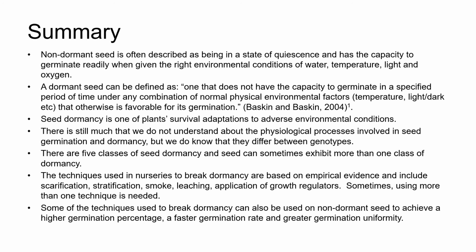The techniques used in nurseries to break dormancy are mostly based on empirical evidence and include scarification, stratification, smoke, leaching, and application of growth regulators. And sometimes using more than one technique is needed. Some of the techniques used to break dormancy can also be used on quiescent seed to achieve a higher germination percentage, a faster germination rate, and a greater germination uniformity.